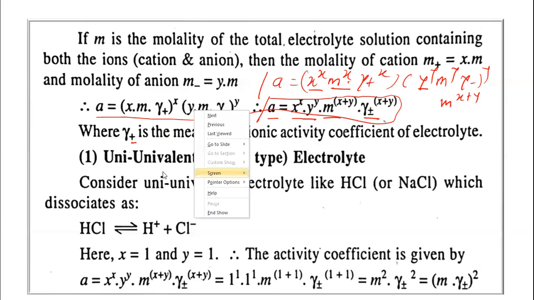Okay, you can see here. Once again, I would like to write that expression: A is equal to X raised to X, Y raised to Y, M raised to X plus Y, and gamma plus minus, the mean molar activity coefficient, raised to X plus Y. So this is the general expression for the activity of the electrolyte.